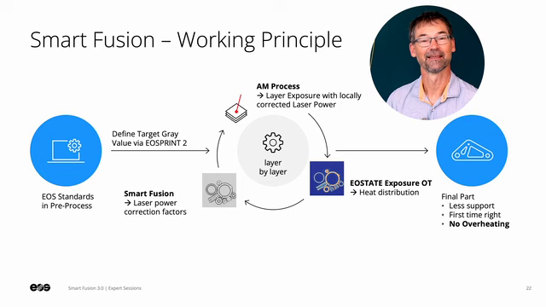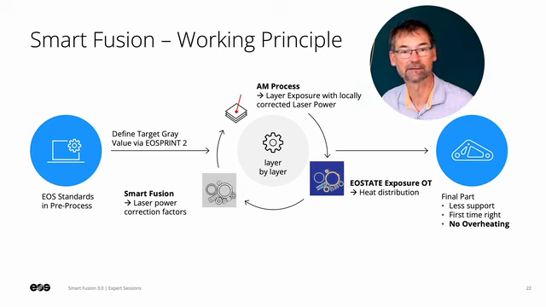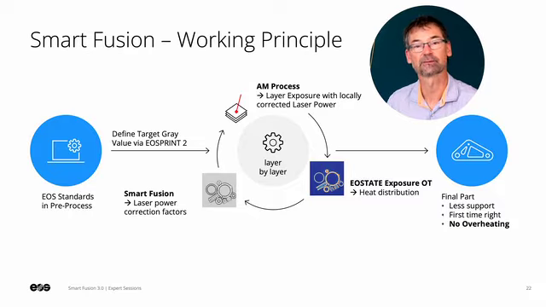This principle is also used for the Smart Fusion replay function, where we freeze the changes made by Smart Fusion for the next build jobs. The controller values from a successfully built job are fed back into the EOSprint, so that the same build job can be built again with the same laser power values without direct control during the build job.